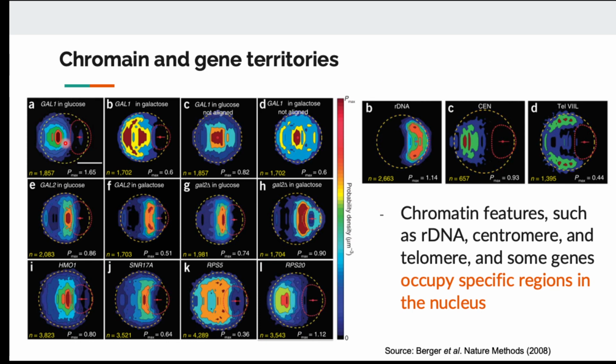So people found that if you fluorescently label the centromere, the telomere, and also the position of the ribosomal DNA in different cells, you imagine this in many cells, and you align the images together.